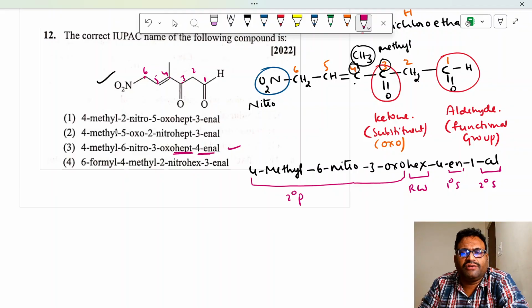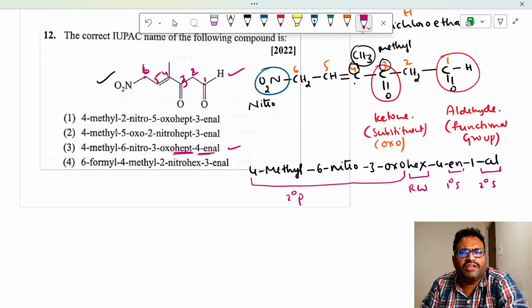Okay, so it is only hex now. So there may be one more carbon atom here. C double bond O, and this is H. Okay, second carbon, third carbon, fourth carbon, fifth carbon, sixth carbon. So there may be one more carbon missing in the structure, right?